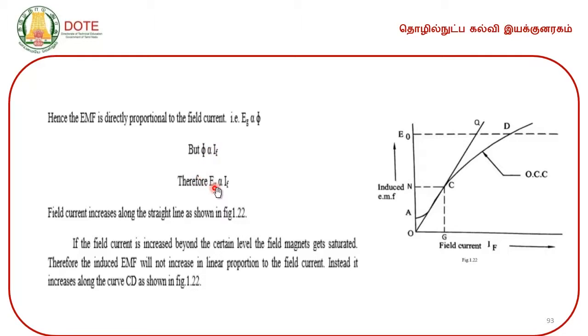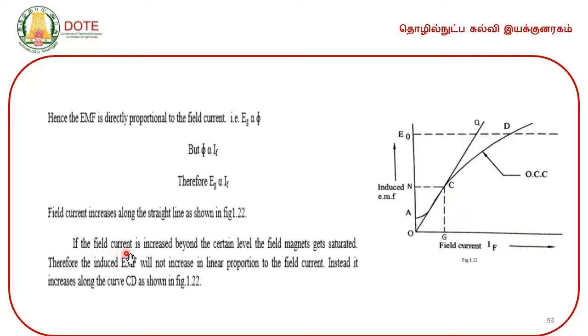Therefore, instead of Eg is proportional to phi, I can say Eg is directly proportional to the field current If. The EMF increases along the straight line as shown in figure 1.22. So, this is figure 1.22. The EMF increases along the straight line as shown.